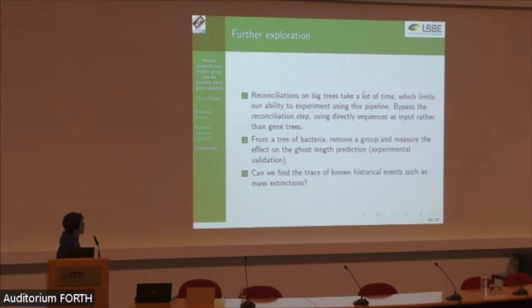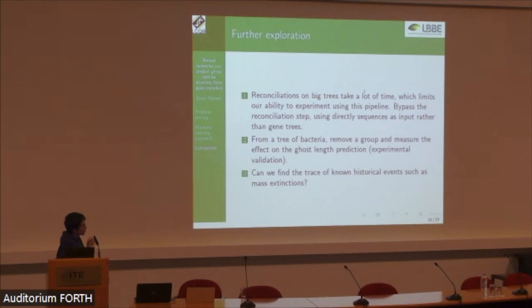There's also room for further exploration, like modifying our pipeline. The reconciliations we make on big trees to obtain the transfers take a lot of time, and it really limits us. We have opportunities for experimental validation.